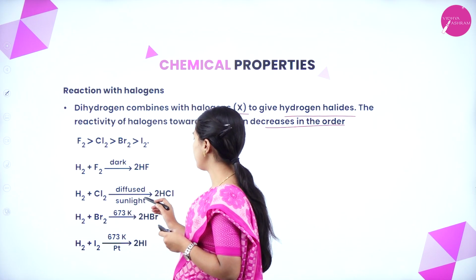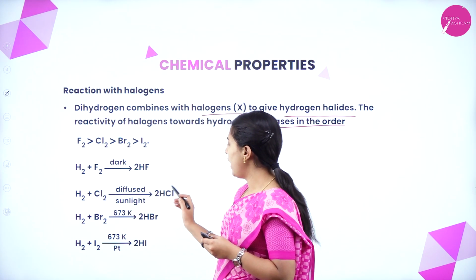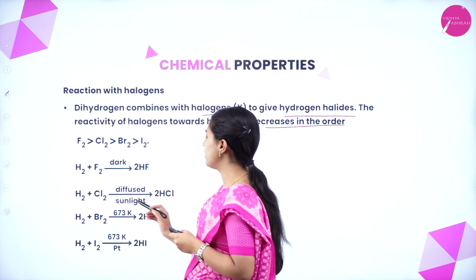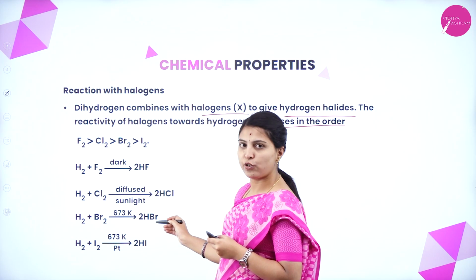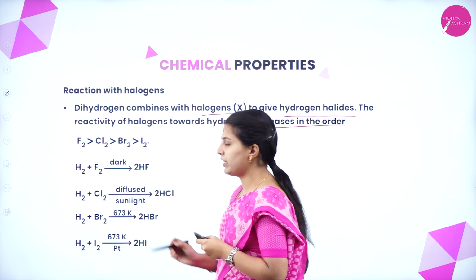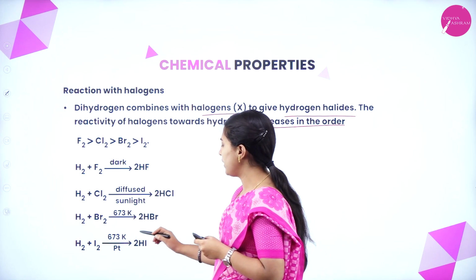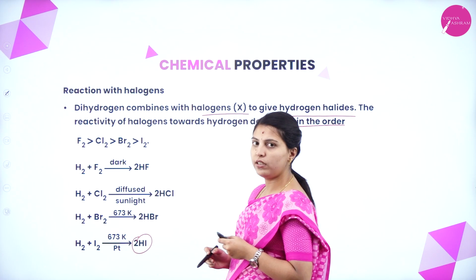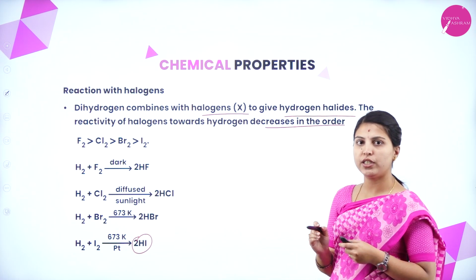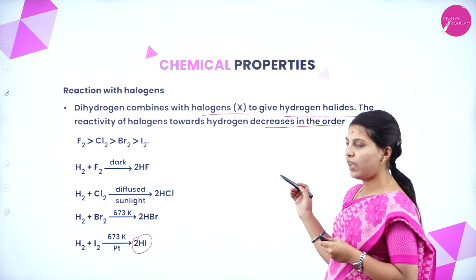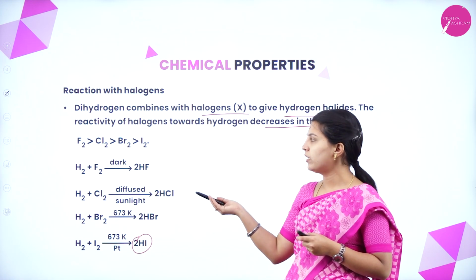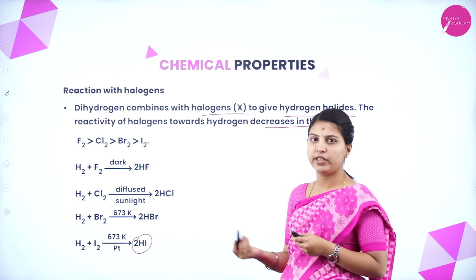Hydrogen and chlorine in the presence of diffused sunlight will form HCl, hydrochloric acid. H2 and Br2 at 673 Kelvin form HBr, hydrogen bromide. H2 and iodine at 673 Kelvin in the presence of platinum catalyst will form hydrogen iodide. Dihydrogen combines with halogens to form hydrogen halides, with fluorine the most reactive and iodine the least.